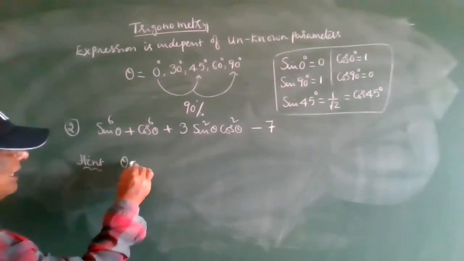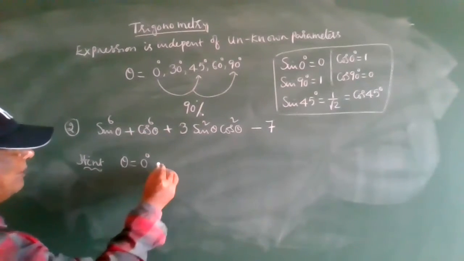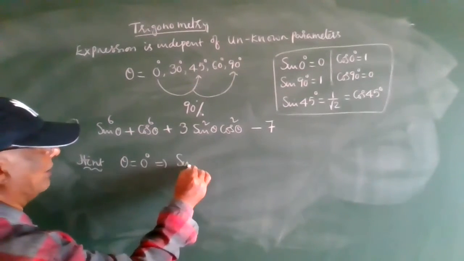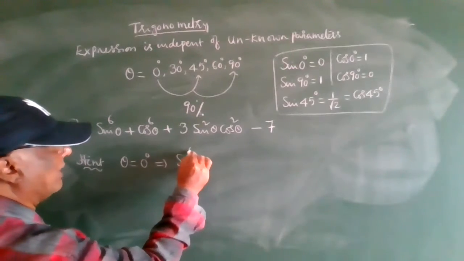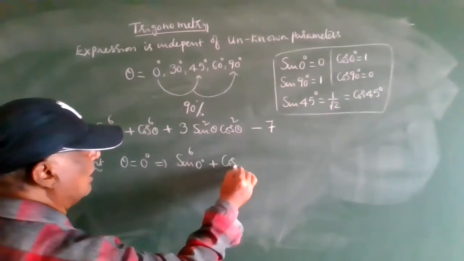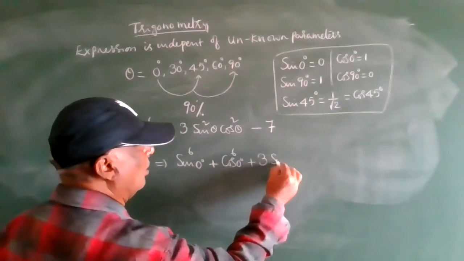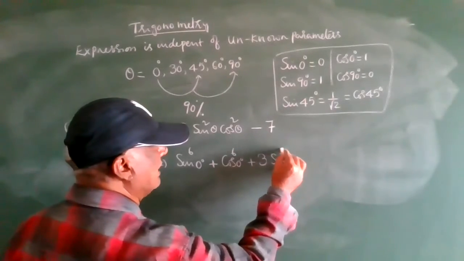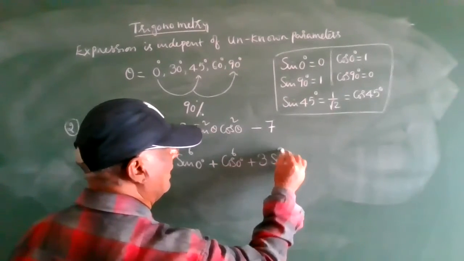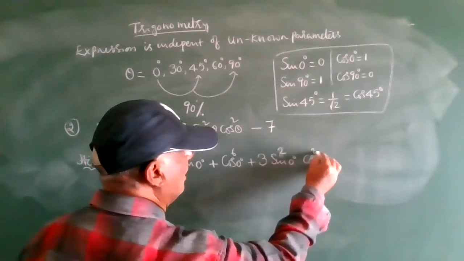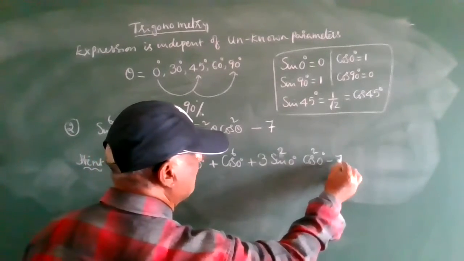First I will take theta equal to 0 degrees. Write down sine 0 degrees power 6, cos 0 degrees power 6, 3 sine square 0 degrees and cos square of 0 degrees, minus 7.